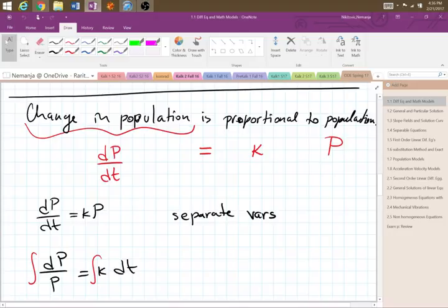So your focus should be on how to change the words into a differential equation, and then from that point on, in 99% of the cases for this test, it's going to be separation of variables. Fair? Change in temperature is proportional to the difference of the temperature and the room temperature, in which case the word difference is subtraction, and again it's a separable equation.